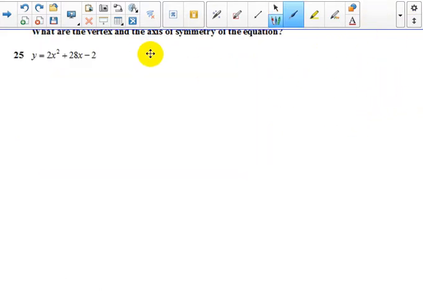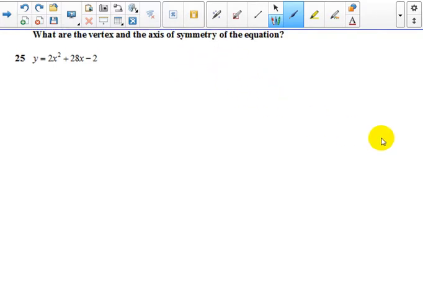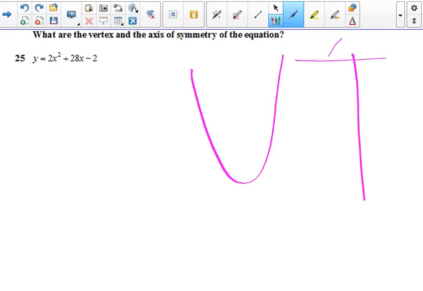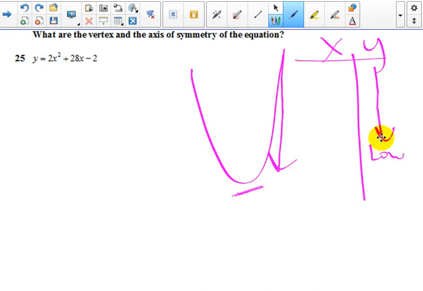Number 25 says what are the vertex and the axis of symmetry of the equation? And you can do this 2 ways. You can plug it in the calculator and look at your table of values after you graph it. In your table of values, your y value would be going down, down, down, smaller, smaller, and then it's going to hit a lowest point, and then it's going to start going back up.